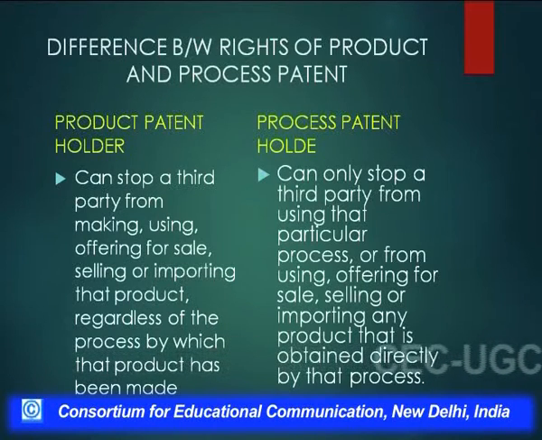I mean, he has a right over the process as well as over the product directly coming out of that process, over which he has got a patent protection. So his rights are a bit extended. The process patent holder's rights are a bit exhaustive, as well as wider in comparison with the product patent holder. Well, I believe, friends, this is clear to all of you.